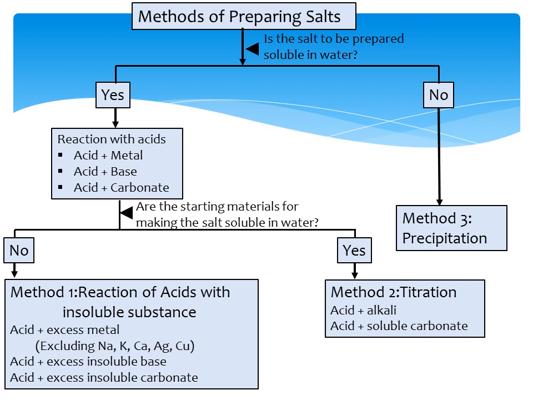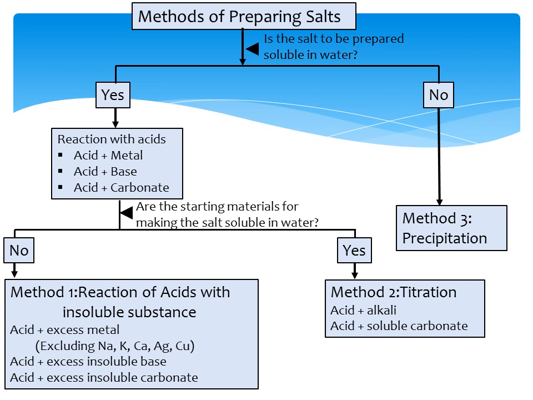So first, when the starting material is not soluble in water, we simply go for acid plus metal, because as you know, metals are solid. Second situation is acid plus excess insoluble bases, like bases of iron hydroxide, copper hydroxide, aluminium hydroxide and so on.